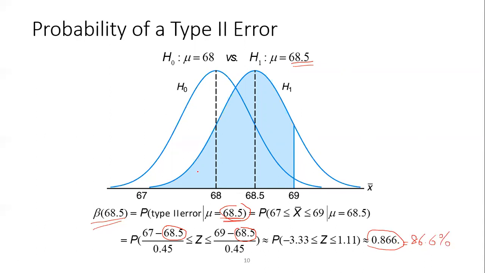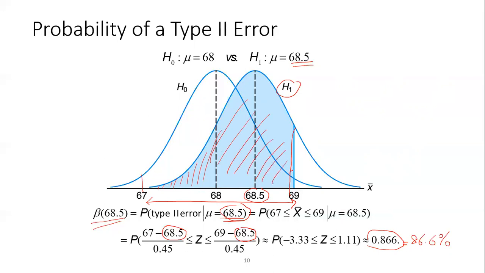Let's illustrate this on the figure. I'm trying to find the probability of x bar being between 67 and 69. 67 is here, 69 is here. So what is the distribution? The distribution is H1, with mu equal to 68.5. The shaded area is this part, because you are using this distribution.